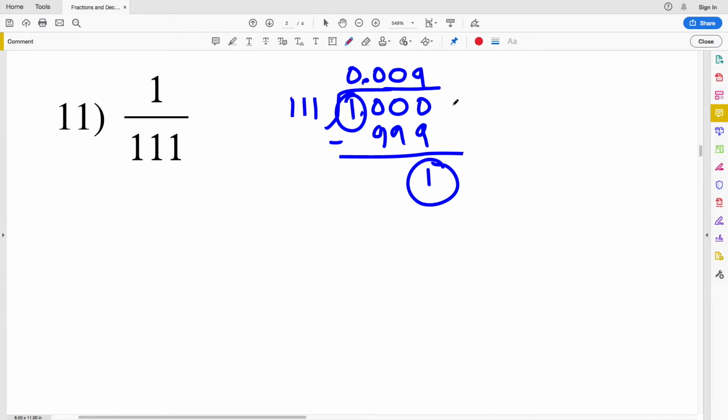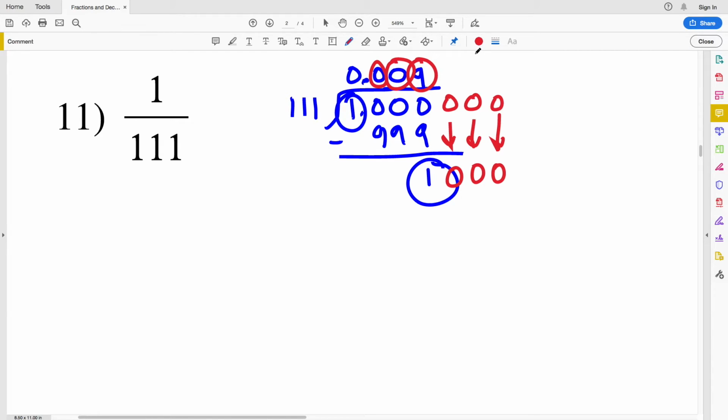So if we were to continue on, we'd put a placeholder here and then bring that down and see how many times 111 goes into 10, which we know is 0 times. Then we'd do that again, which we know going into 100 is also 0 times. Then we do another placeholder, bringing that down, and finally get that it goes into 1,000 9 times.